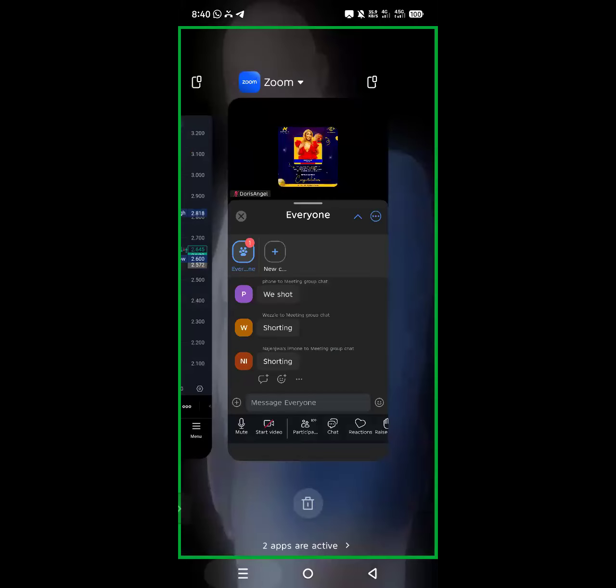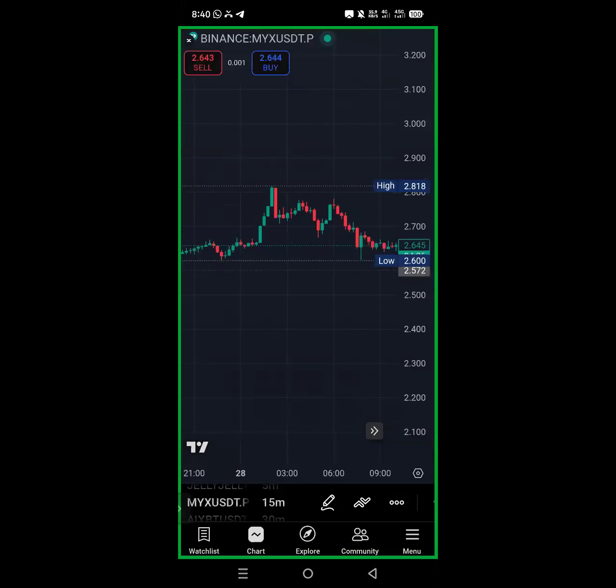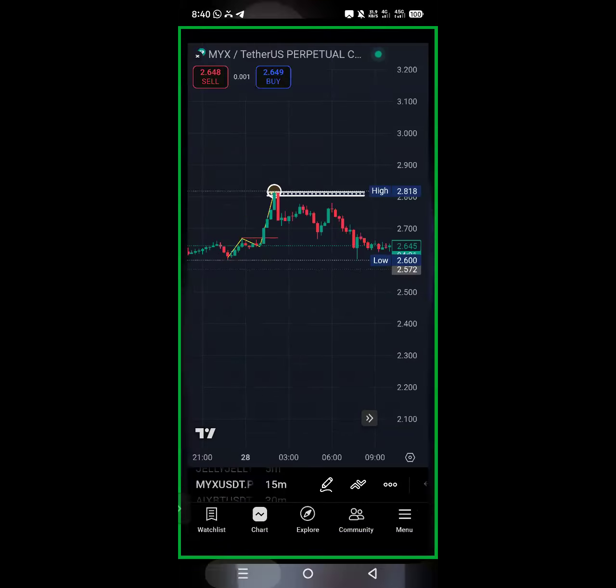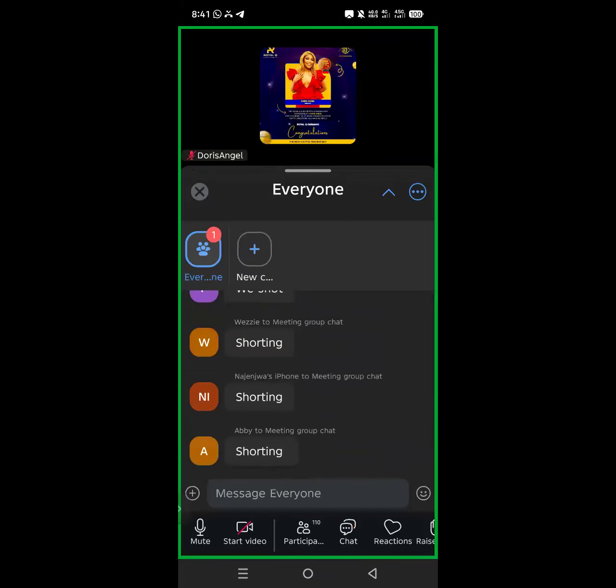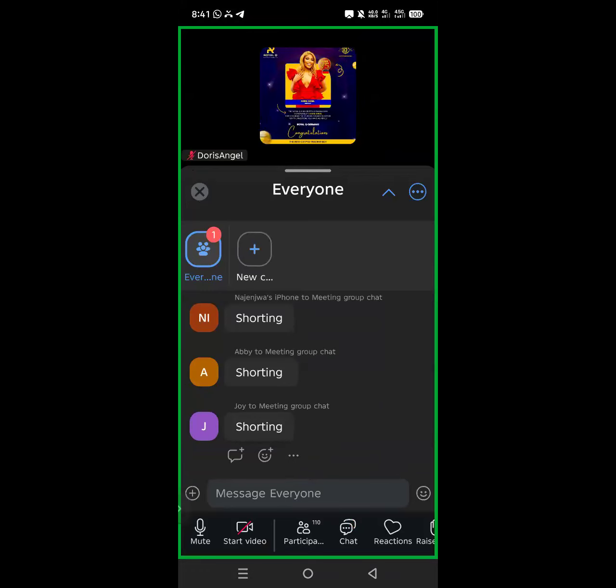So when we are shorting the market, where should our eyes be at as our exit point? Where are we going to exit from?